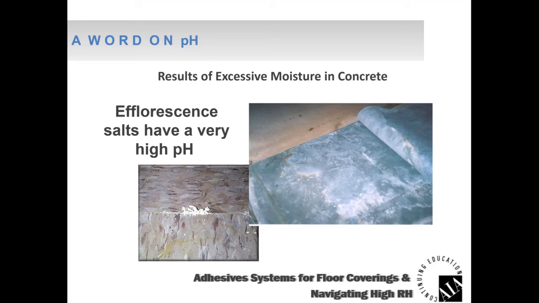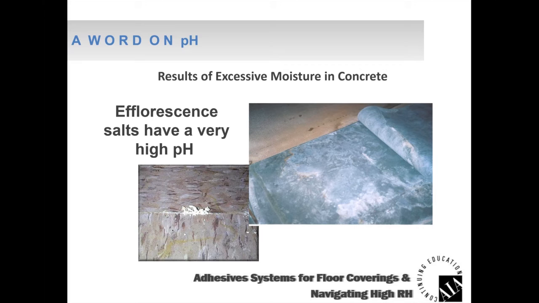These salts, these sodiums, potassium, chloride, sulfates, I mean, they look like salt. And in a lot of cases, you don't see them. And maybe some of you on the call have never seen them. But here's a couple of pictures where they're pretty extreme. You look in the left picture, this is a VCT, and you got salt formation coming up between the joints of the tile.